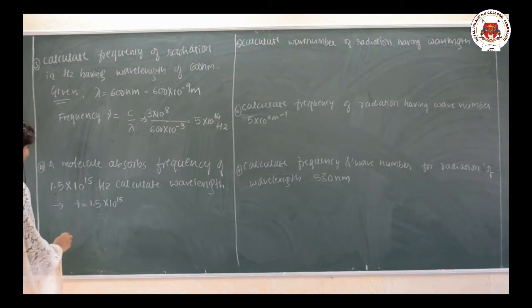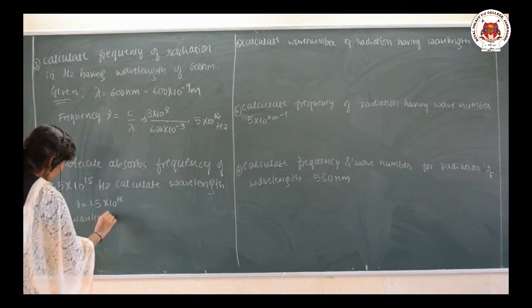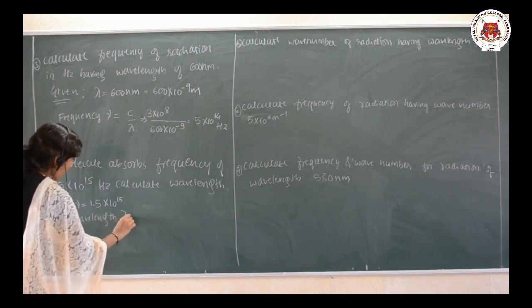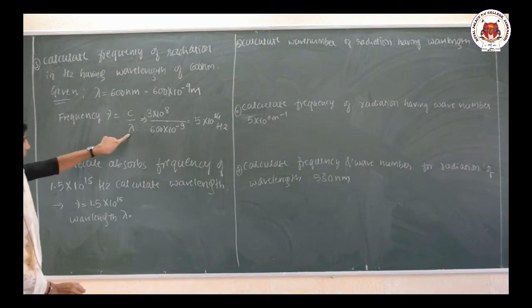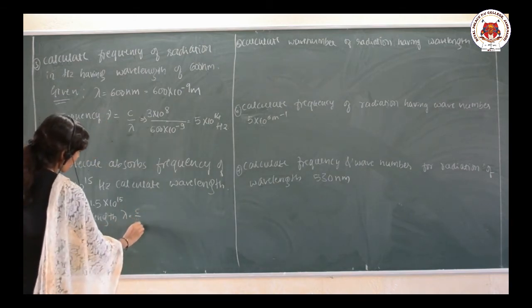So, we have the formula to find the wavelength. Separate out the lambda term: lambda is equal to C by nu.